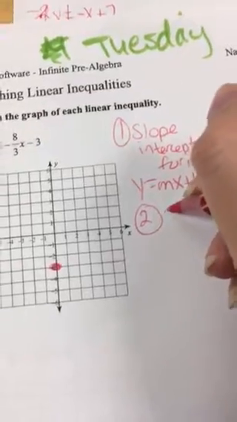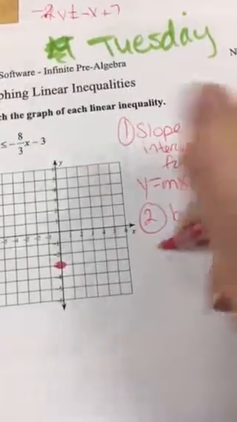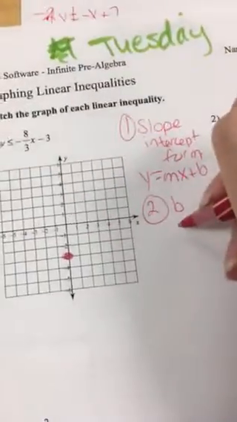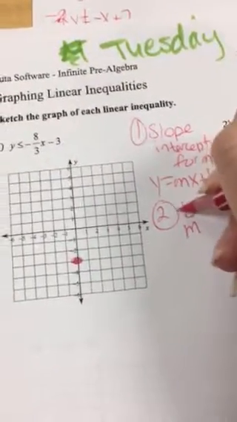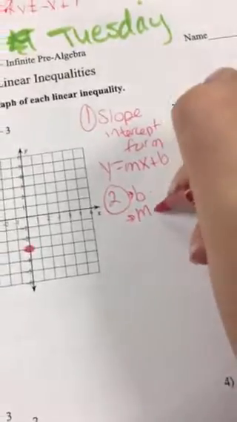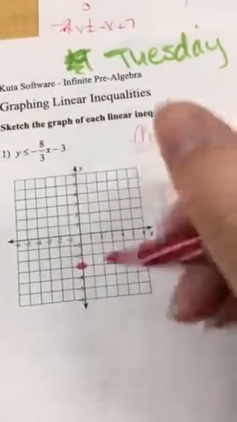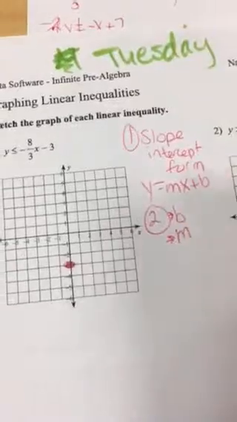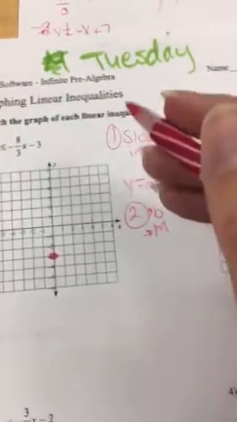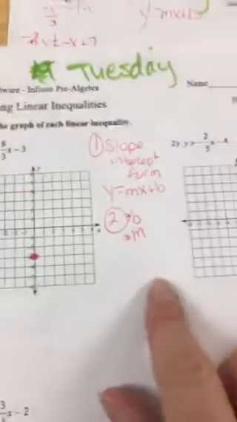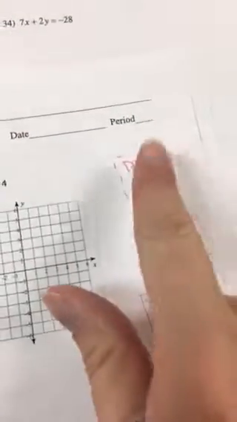Step 2 is I find my y-intercept, or b, plot that, find my slope, use that to make my other points, and then I'm going to decide, since this is an inequality, am I going to connect my points using a dashed line or a solid line, and then I'm going to decide which way to shade.